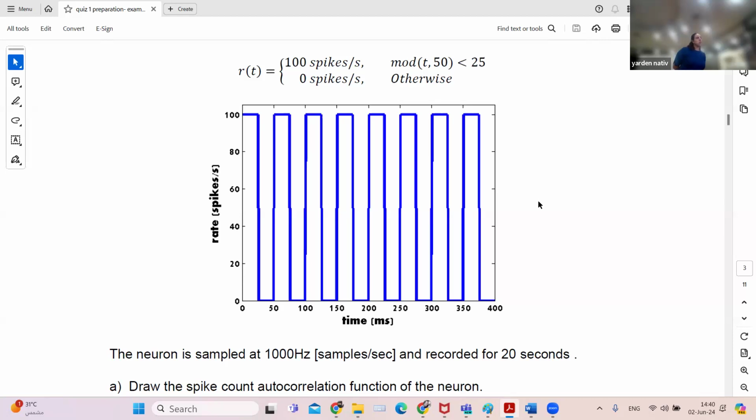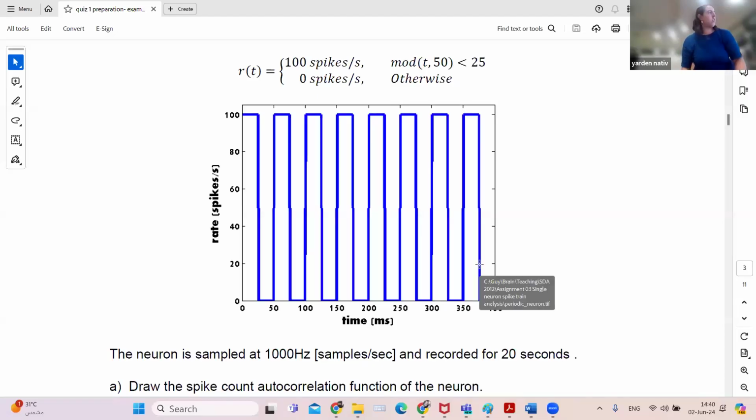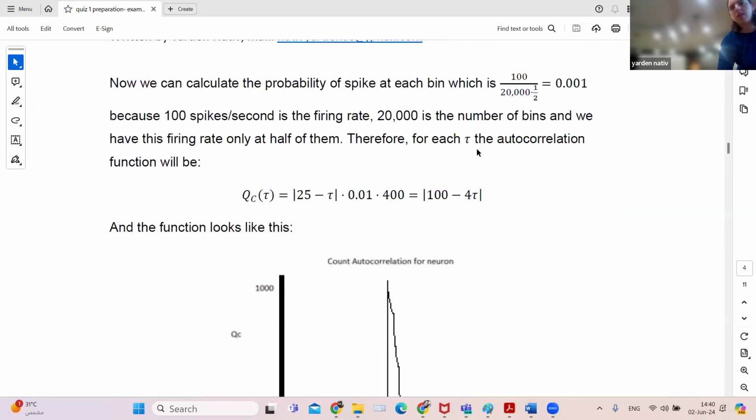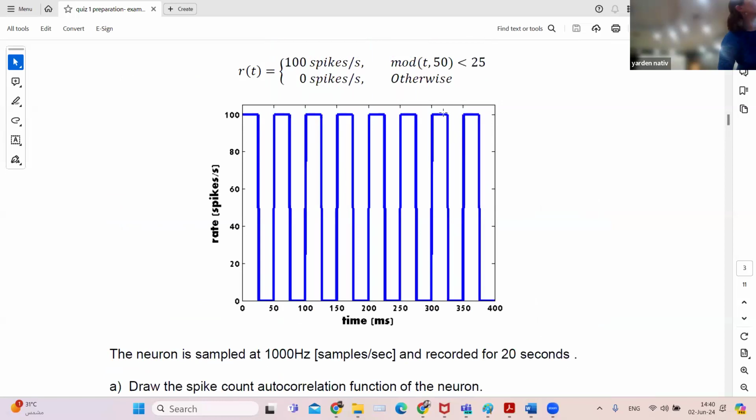Do it for 100, sorry. When we say 100 milliseconds in autocorrelation, we mean we stop there.